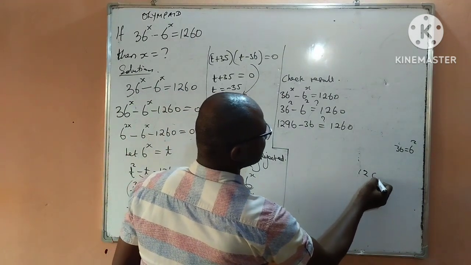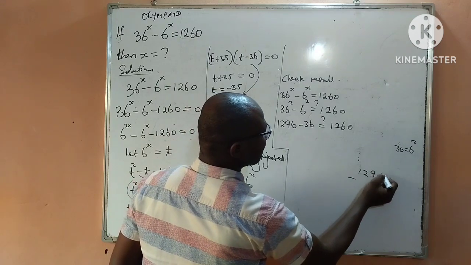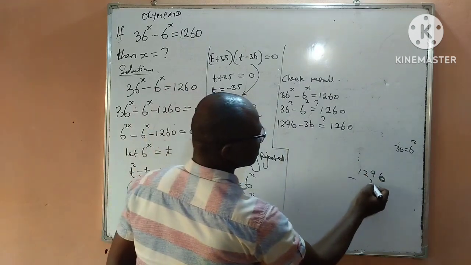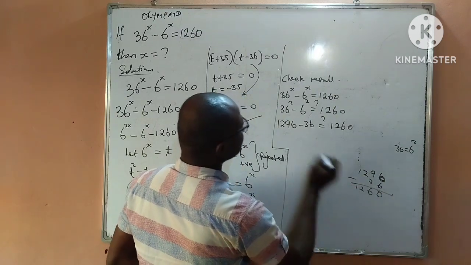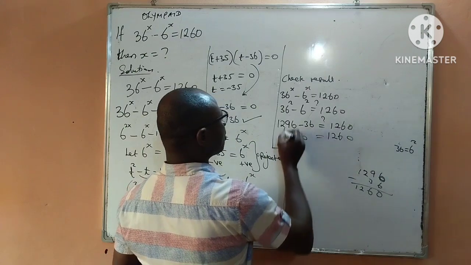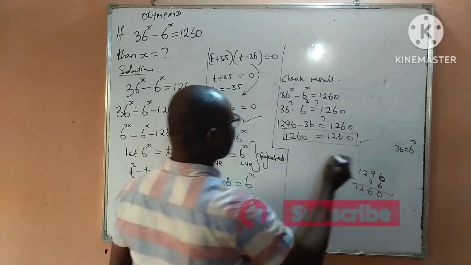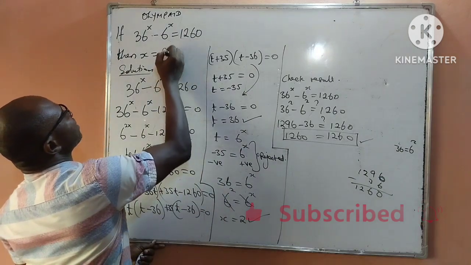So let's find out. 1296 minus 36. So this will give us 0, this will give us 6. Therefore, 1260 is equal to 1260. Authenticating that the value of x equal to 2 is very correct.